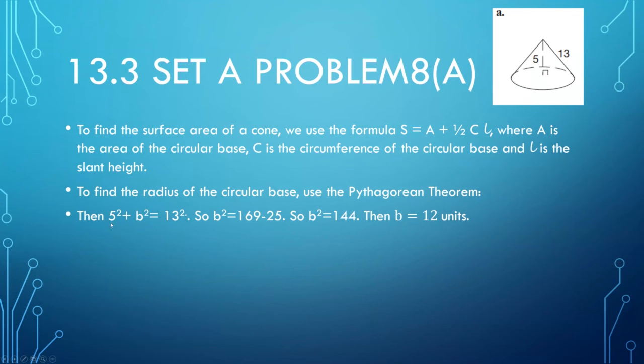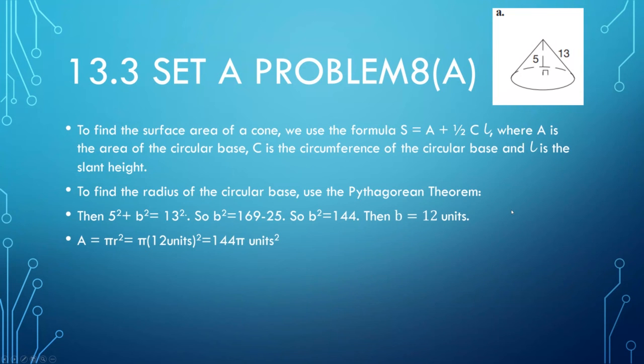So we'll do 5 squared plus b squared equals 13 squared. So we have b squared equals 169 minus 25. And that gives us b squared equals 144. And so b is 12 units.